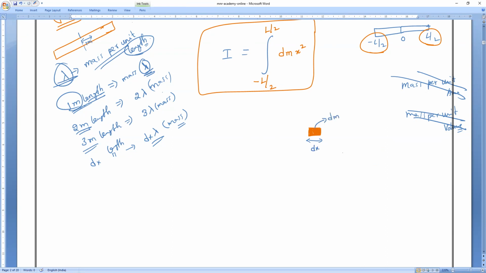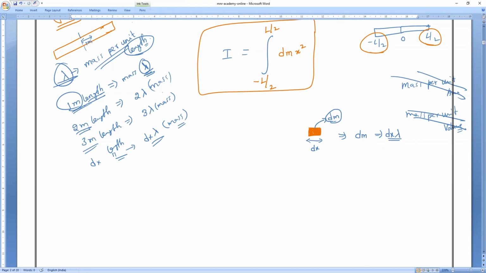So if the mass is dm, can you tell me what the length of that one is? Everybody, the length will become dx, and the mass is dx into lambda. All of you understand what I'm saying?